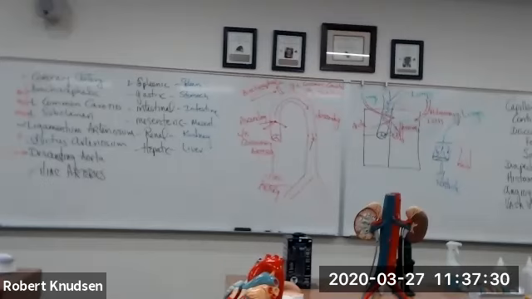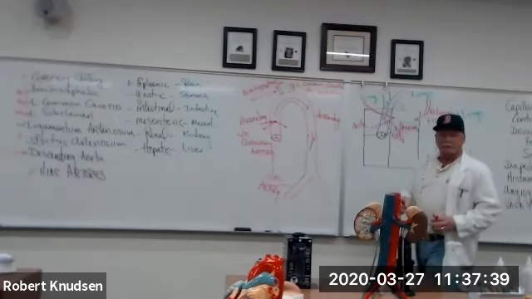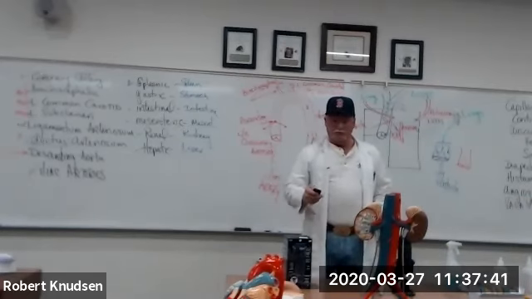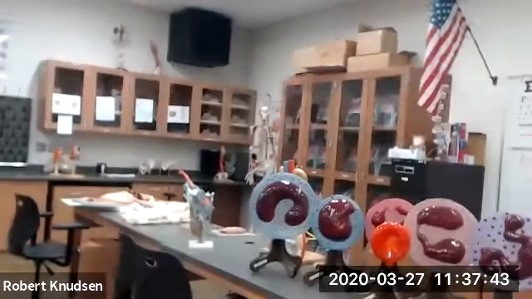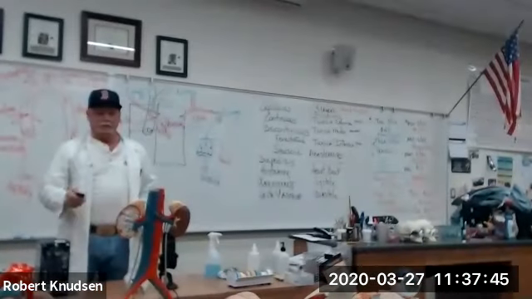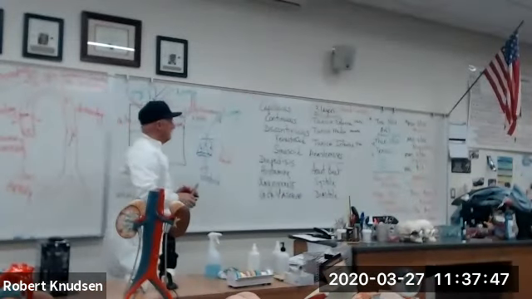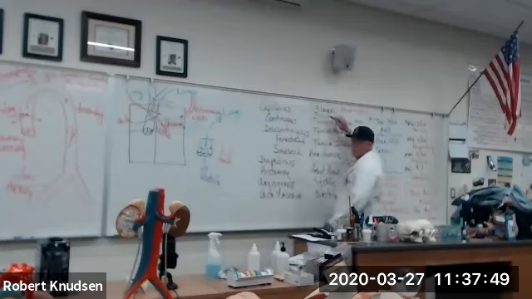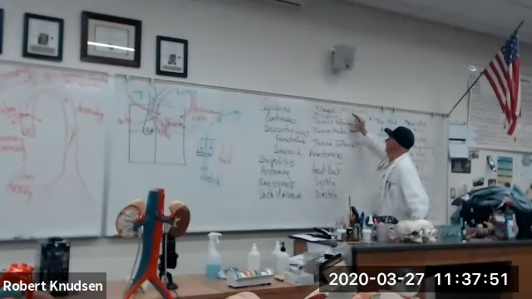Tunica externa is made of elastic connective tissue. Remember we looked at it in a microscope. Let me try that again. Here's where I am. There are 3 layers of the blood vessels.